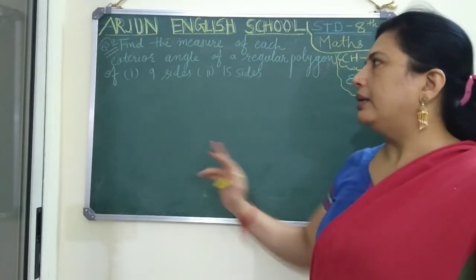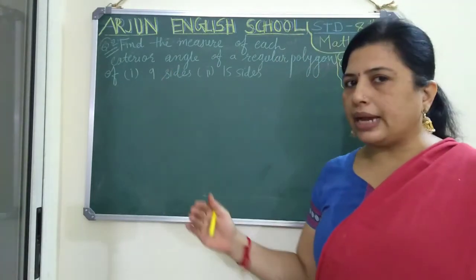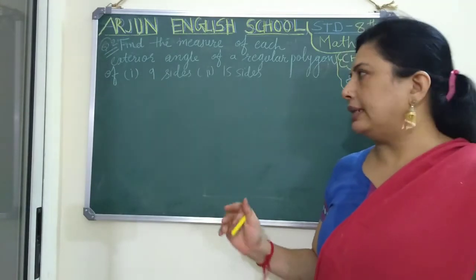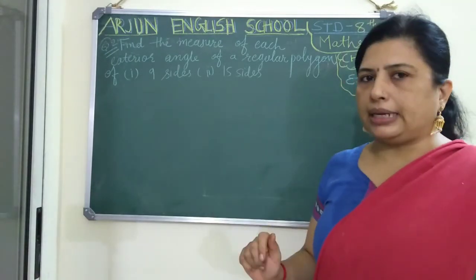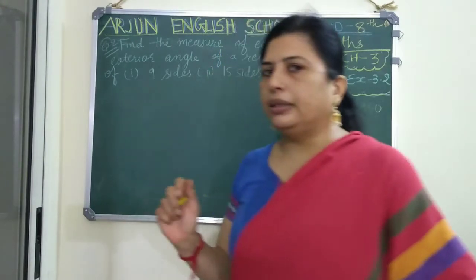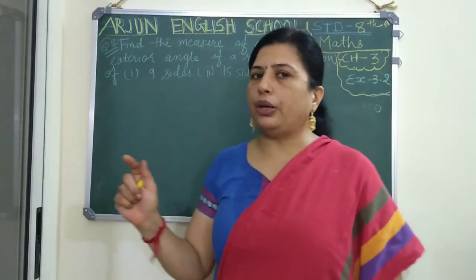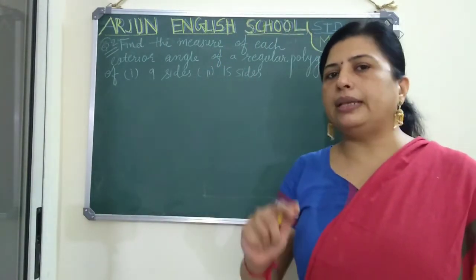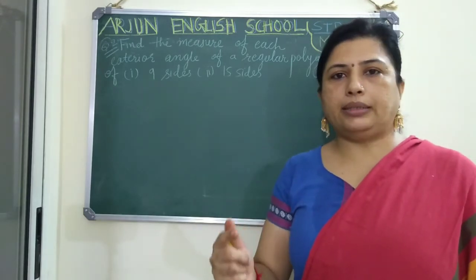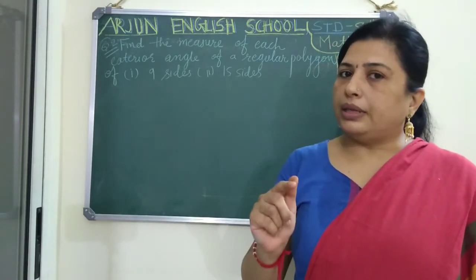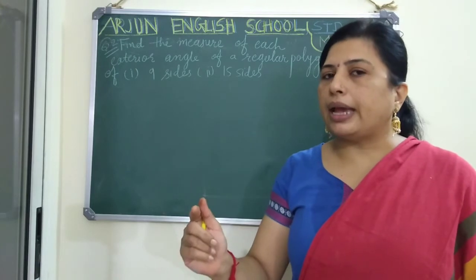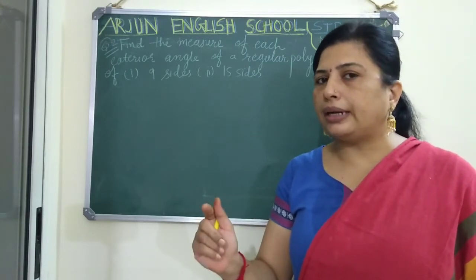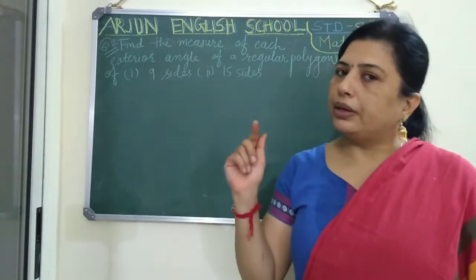They are equal, and the sides are also equal in measure. So, 9 sides are there. If a regular polygon of 9 sides is there, then we can understand that the number of external angles is 9.